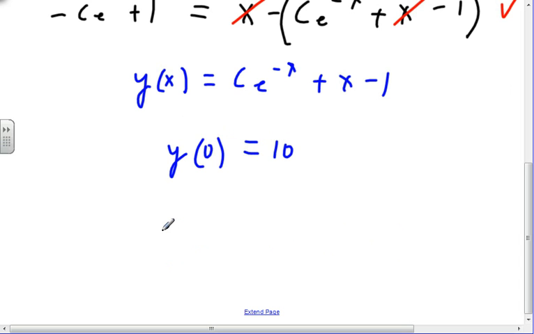So 10 is going to equal c minus 1, because I put a 0 in here, giving me a 1, and that's a c, and then I've got a 0 there, minus 1. So that implies very strongly that c is equal to 11.